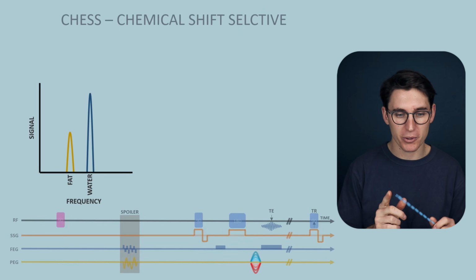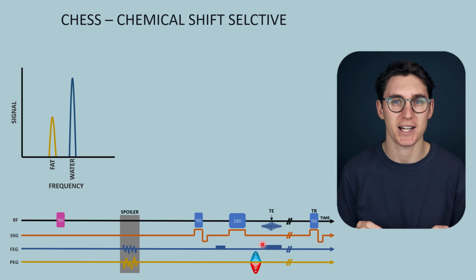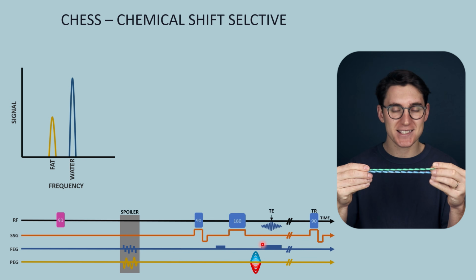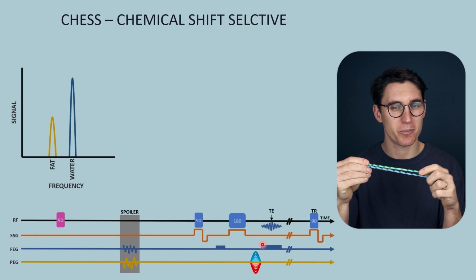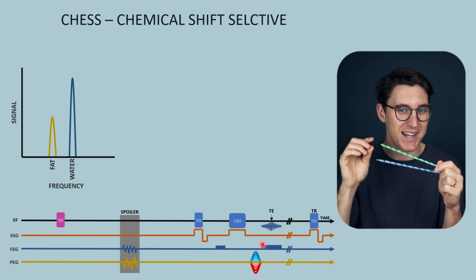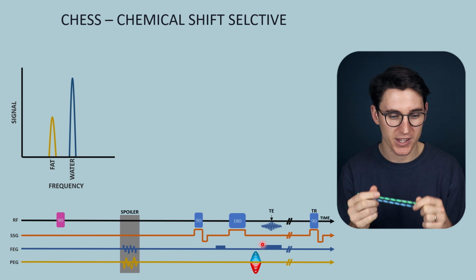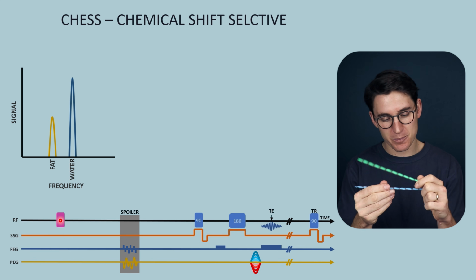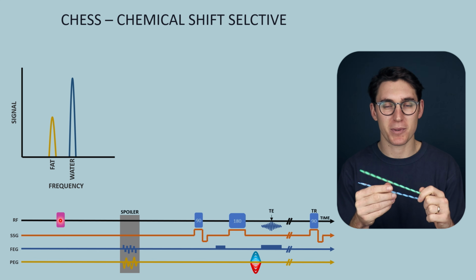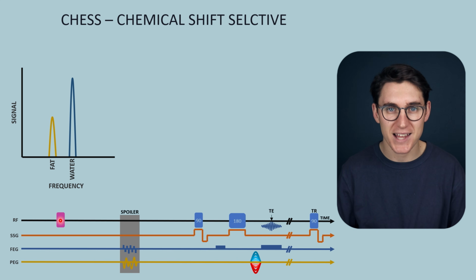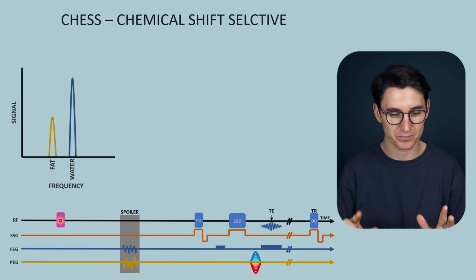Let's go back to our pulse sequence here and see how we can utilize that. We've got water and we've got fat precessing at roughly 64 million hertz, but we know that fat is precessing at 224 hertz less than the water is. This RF pulse will only flip spins into the transverse plane that match the precessional frequency of the RF pulse. That's the basis for slice selection.